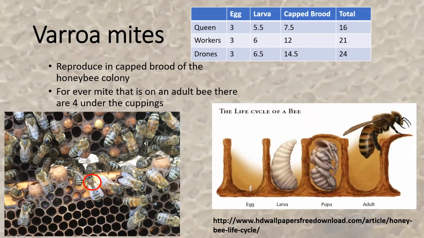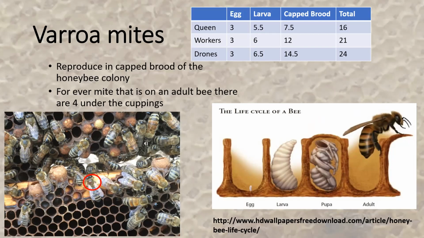And that photo is important because that's where the varroa mites reproduce. They reproduce underneath cappings. So this here is a capping. This is a cross section of a cell. As that bee is metamorphosizing into the adult stage, that varroa mite is reproducing.